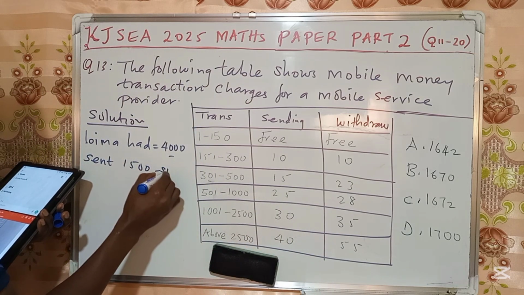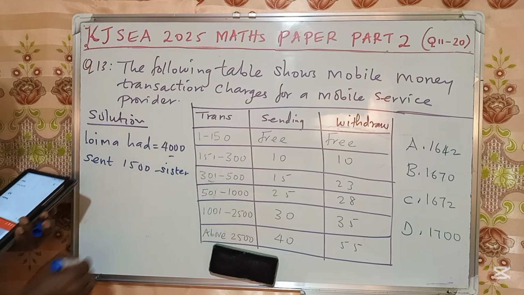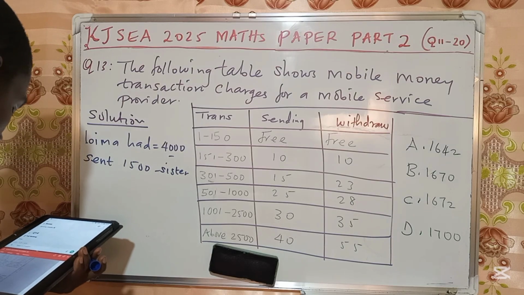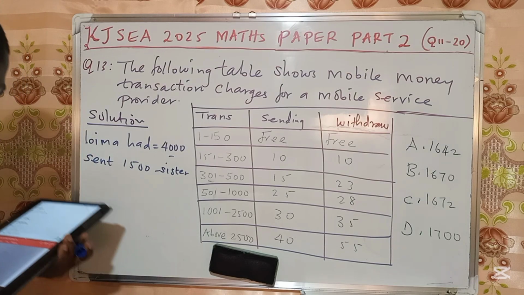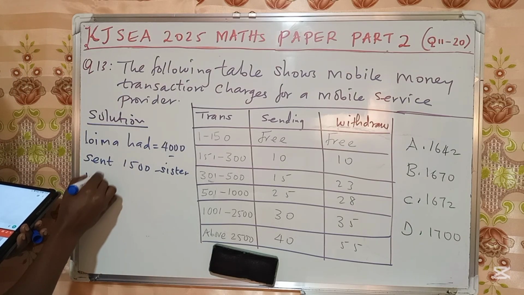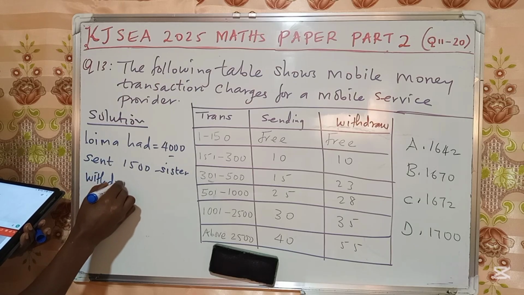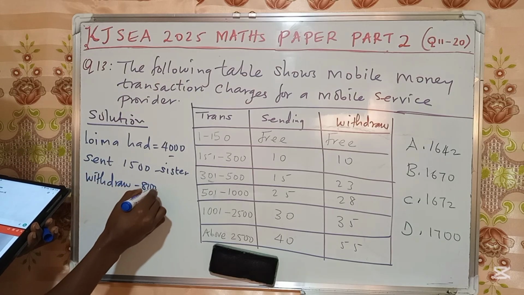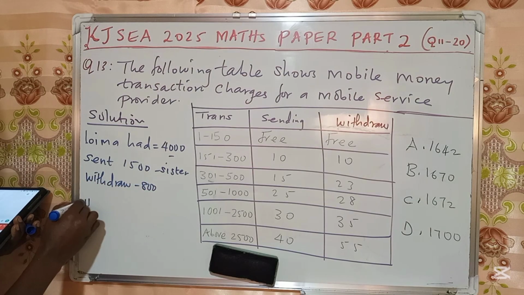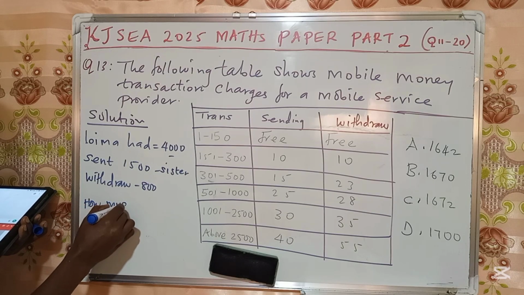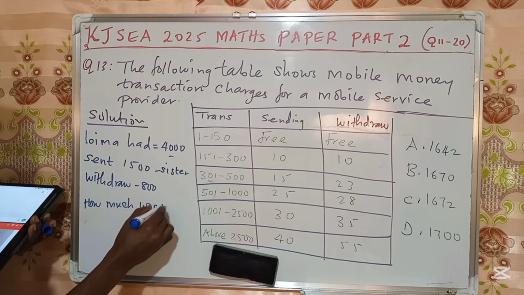Then he withdrew Kenya shillings 800. So with this withdrawing, how much was remained?